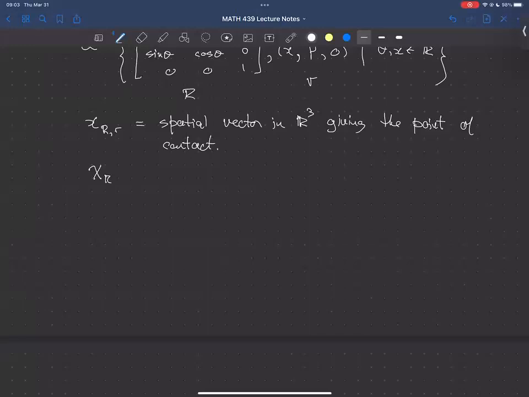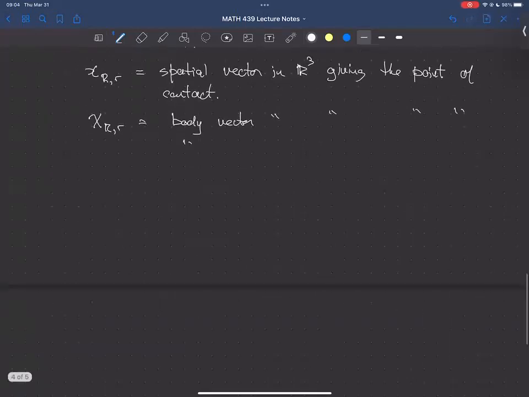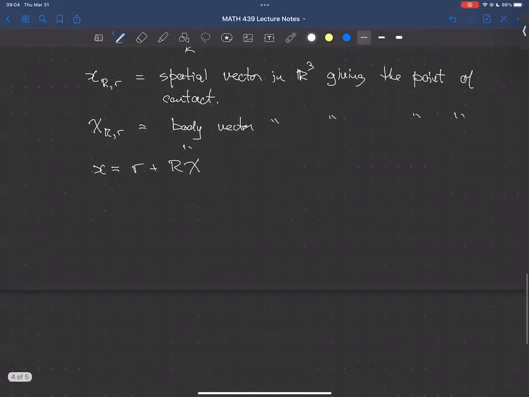So we used chi. This is the body vector of the same point. When we did kinetic energy, we had a formula relating the body coordinate chi of a point and the spatial coordinate, and that formula was this. It holds in particular when I take the point of contact.